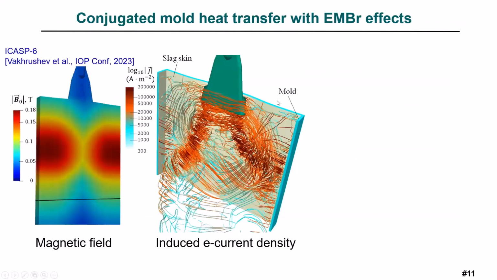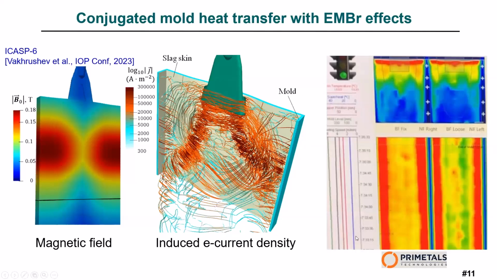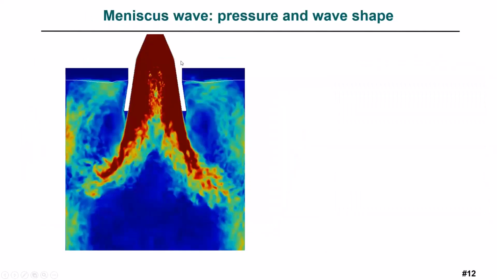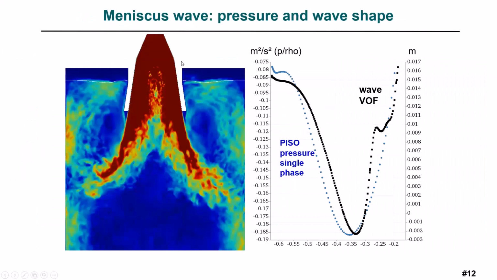So we assessed also a complex model, including cooling in the mold and the presence of the insulating liquid slag, which stops the heat flux and induced electric current. So you see that our induced current lines remain inside the liquid bulk, so they don't go to the copper mold. And we tried to compare our measurements, which are based on single phase modeling.